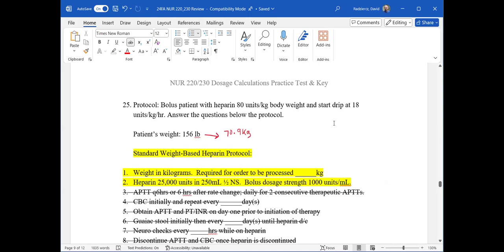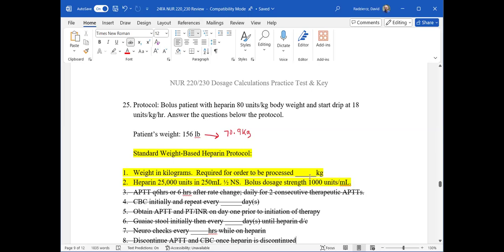So with this question, this is the standard weight-based heparin protocol. What you're going to be doing is you're going to be given a patient's weight. In this example, it's 156 pounds, and you're going to convert it to kilograms. So 156 divided by 2.2, and then you get 70.9 kilograms. I even leave that here in the protocol, but you don't need to write in the protocol.